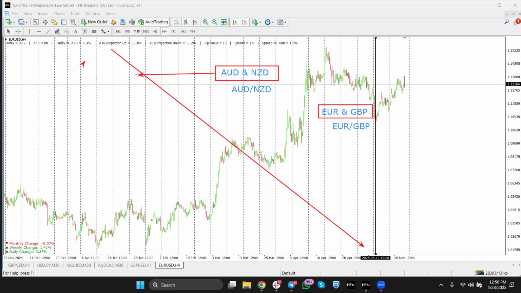For example, let's treat these guys on this side, the antipodeans. That's the name, the antipodeans. Now, we have risk currencies and we have safe currencies, based on sentiment.